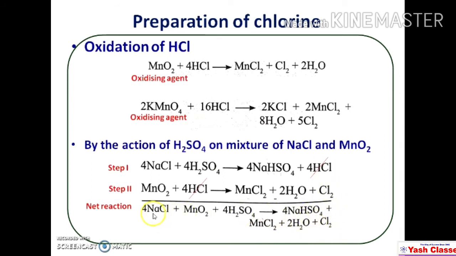So in this way, when mixture of sodium chloride and manganese dioxide is treated with concentrated sulfuric acid, there is a evolution of chlorine gas. So this is another reaction.